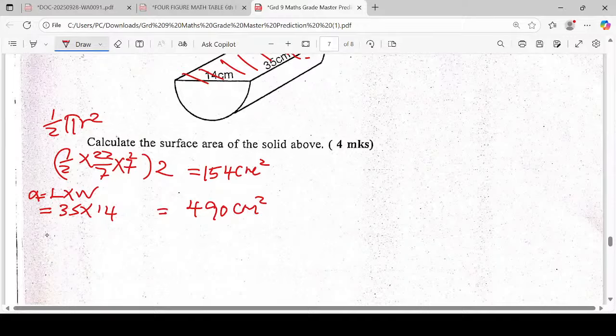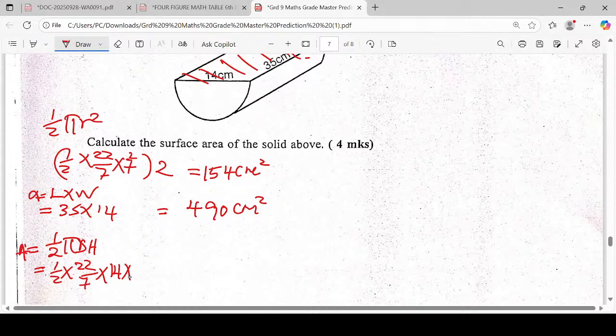Then we have the curved part, but it is not fully curved. Because it's a half, the curved surface area will be given by a half pi d h. So this will be a half times pi, which is 22 over 7, times the diameter, which is 14, times the height, which is 35.